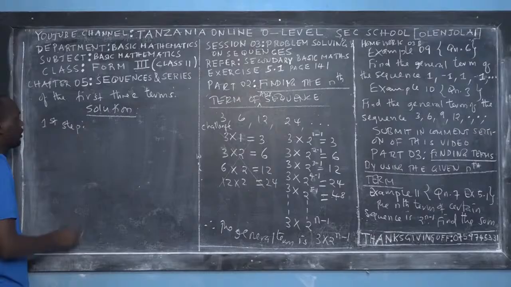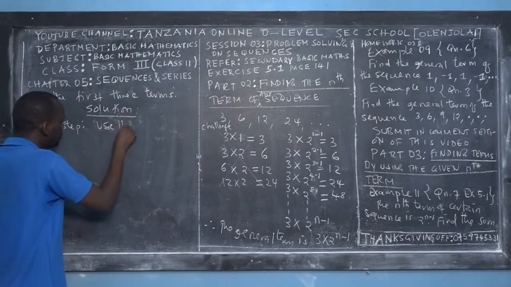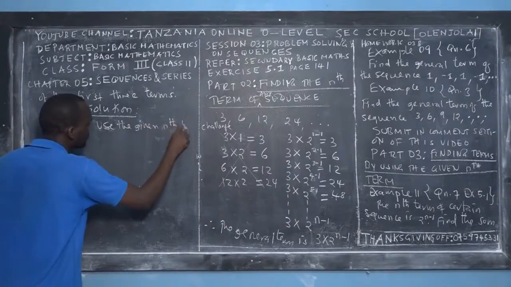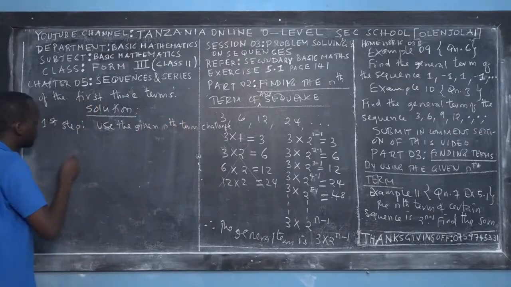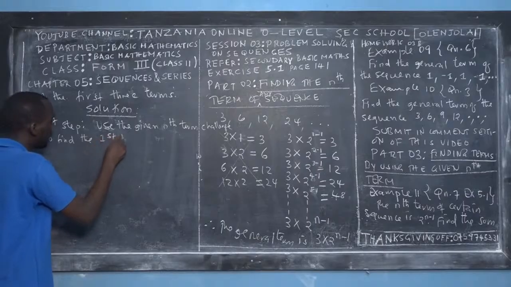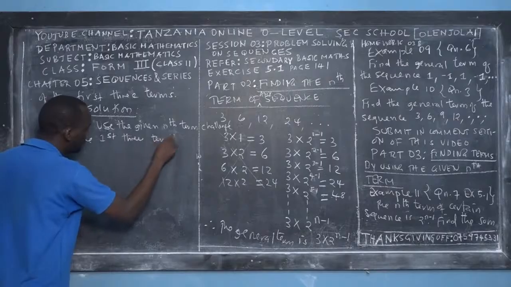The first is to use the given general term to find the first 3 terms.